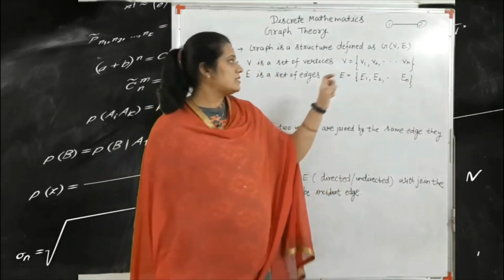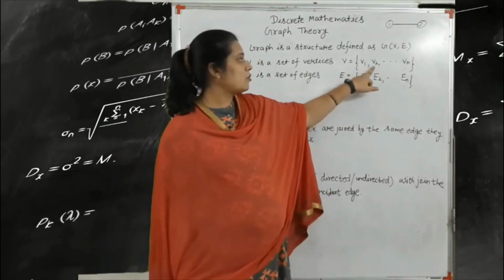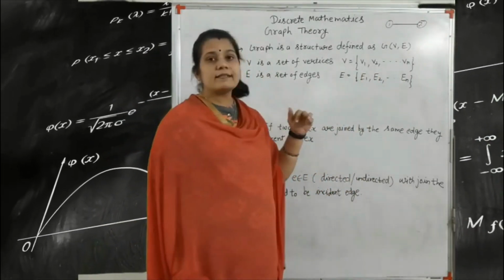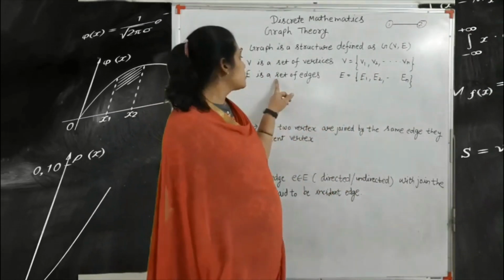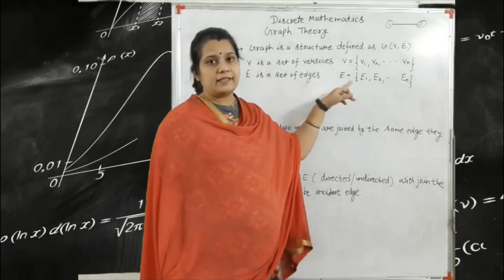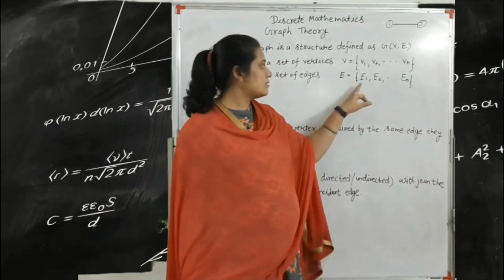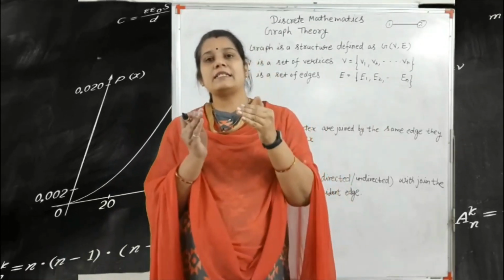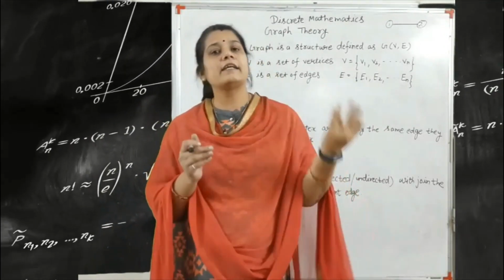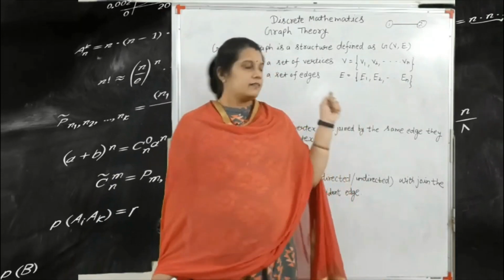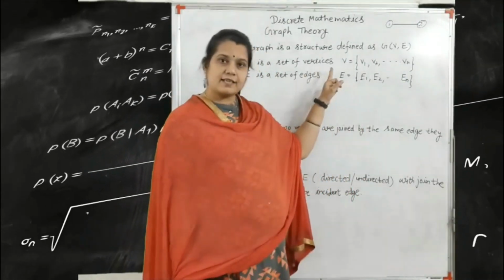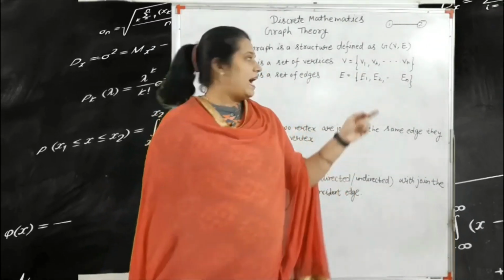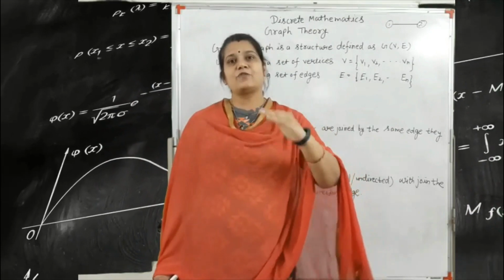V is equal to {V1, V2, up to Vn}. And E is a set of edges, where capital E is equal to {E1, E2, up to En}. So the graph is a structure of vertices and edges.